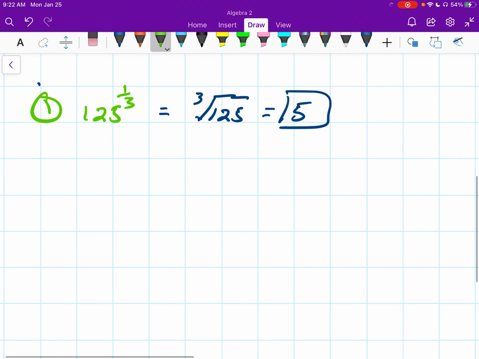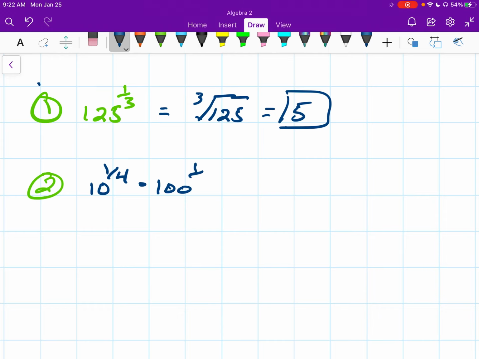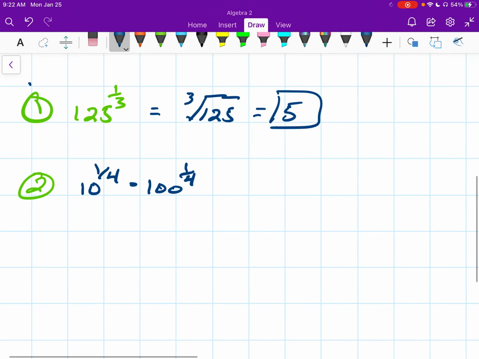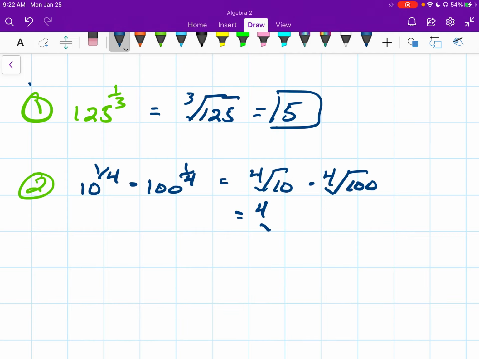Next up, let's look at number 2. We could have 10 to the 1/4 times 100 to the 1/4. So we could rewrite these as the fourth root of 10 times the fourth root of 100, which gives us the fourth root of, what is that, 1,000?